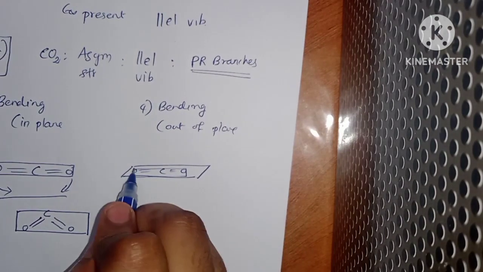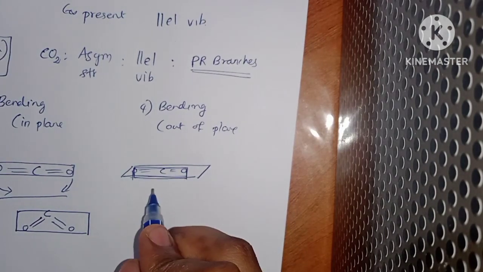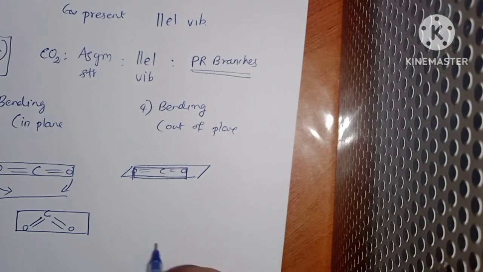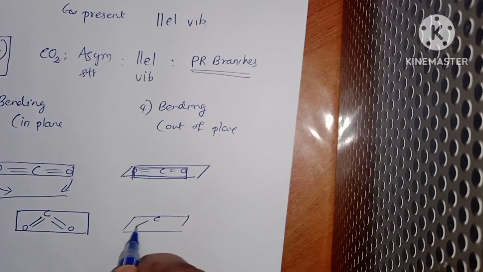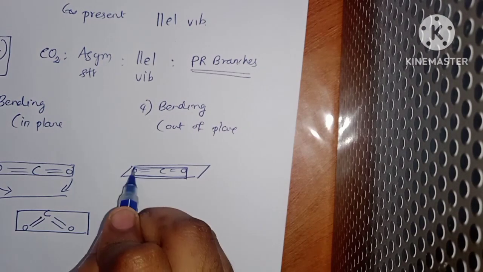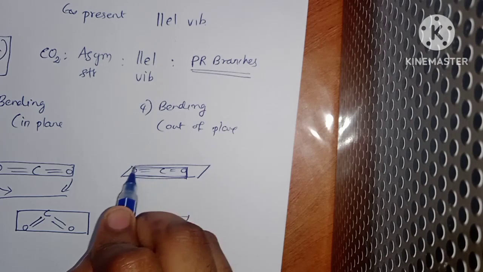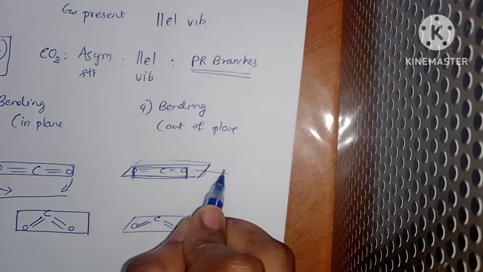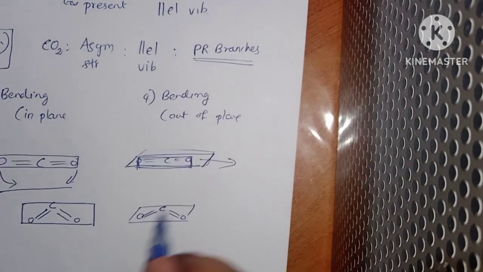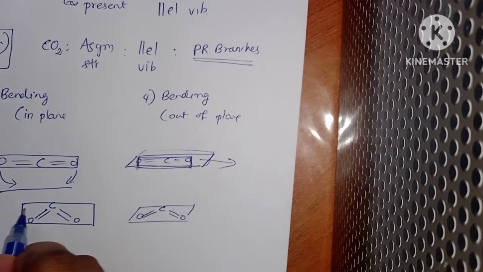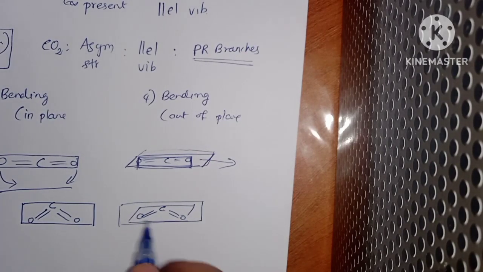Out of plane means not in this plane, in some other plane. That means the CO2 molecule will bend like this. Out of the plane means in a different plane.